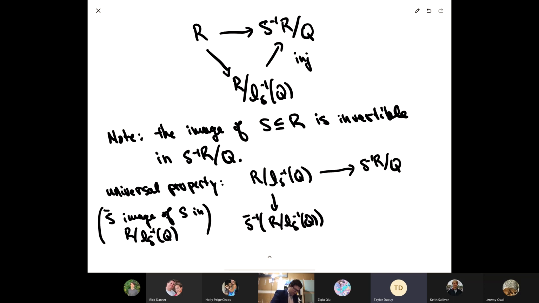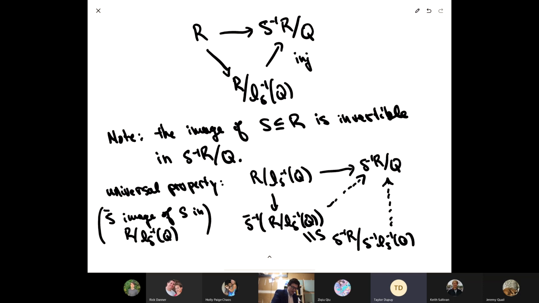But we also have that this thing here is isomorphic to, well, the localization respects quotients, so this is S inverse of R mod S inverse of L of S inverse of Q. And so we get a map like this, because of the way localization behaves with quotients, which we proved last time.